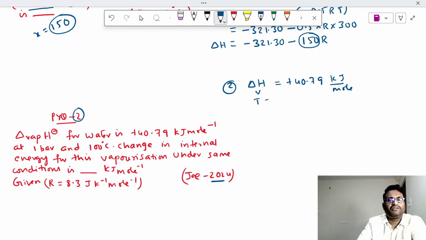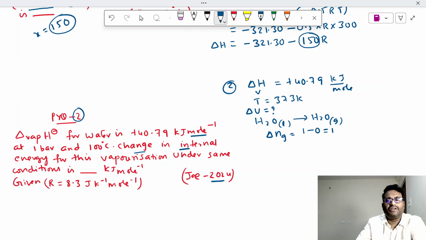Temperature is equal to 373 Kelvin. Change in internal energy for this vaporization at the same temperature, delta U, is asked, per mole. So water in liquid state is converted into water in gaseous state. Here delta n is equal to 1 minus 0, that is equal to 1.